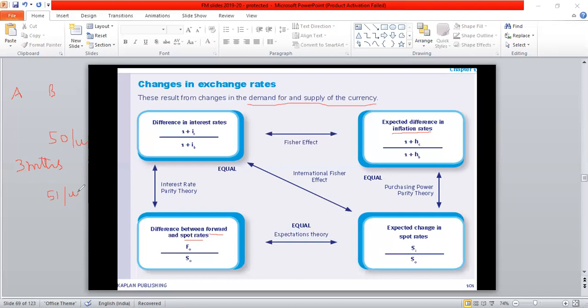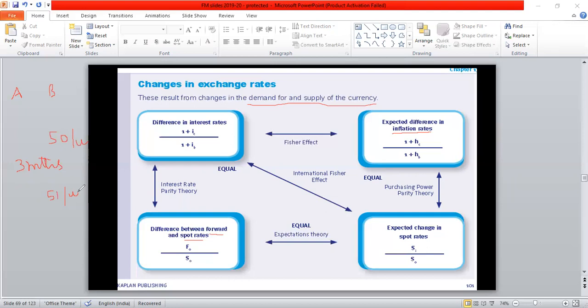Then expected changes in spot rate. Spot rate will get affected because of the rates which are prevailing as on that day. Spot rate is the day rate which is there as on the future date. So let's say 3 months later, February, March, April, May.